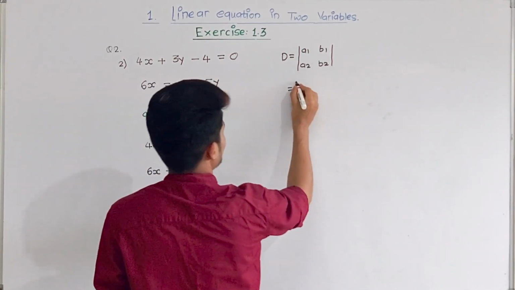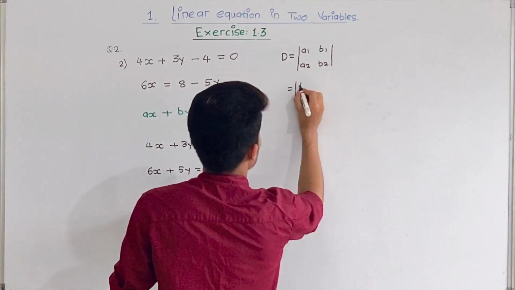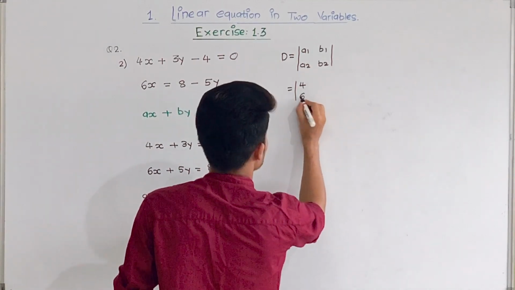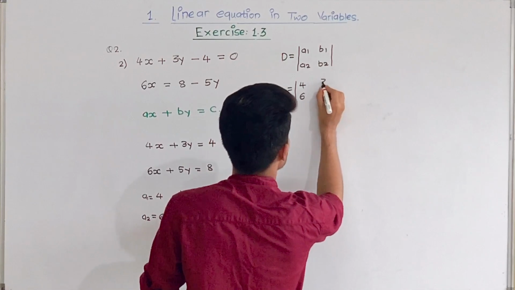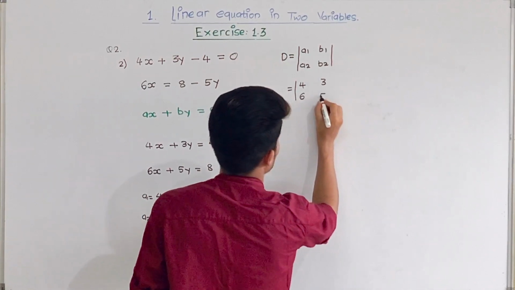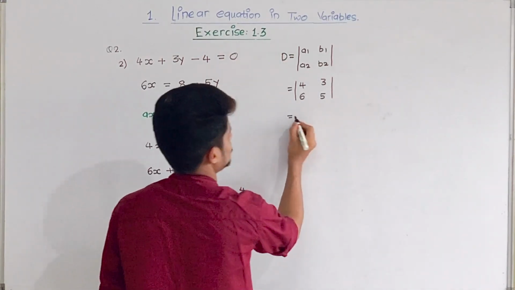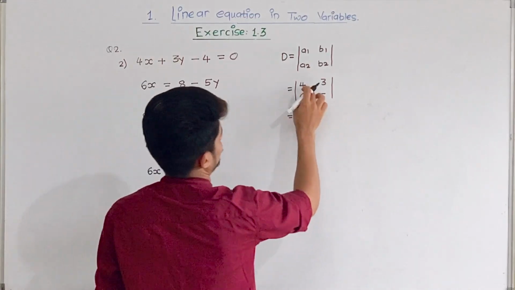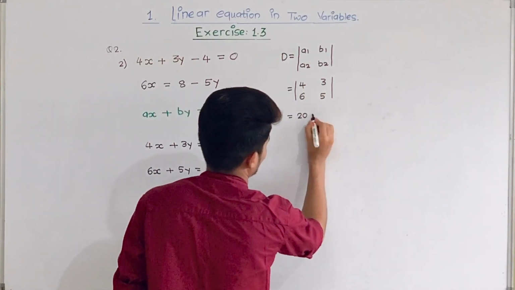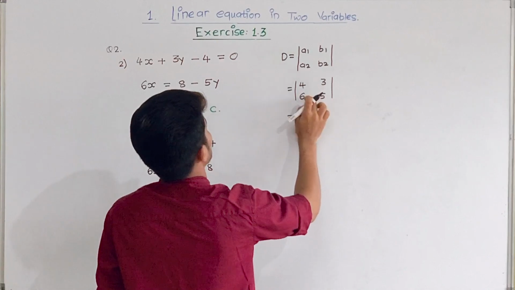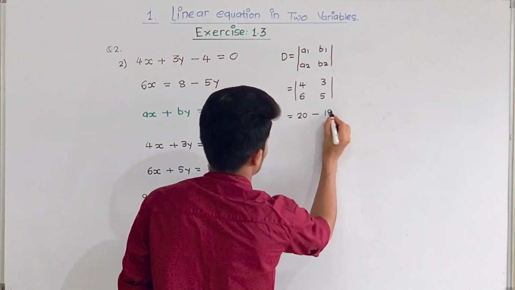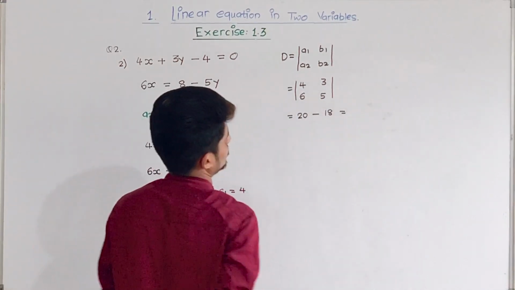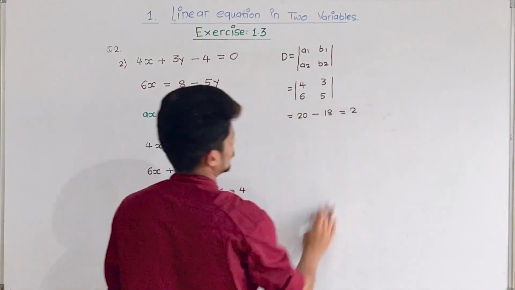Substitute the values: 4, 6, b1 is 3 and b2 is 5. Cross multiply and subtract. 5 4s are 20 minus 6 3s are 18. 20 minus 18 is 2.